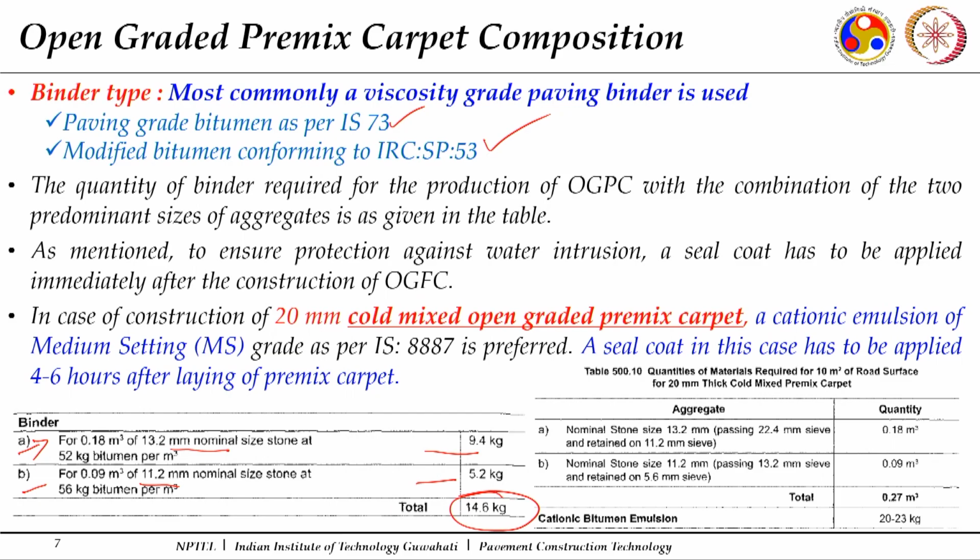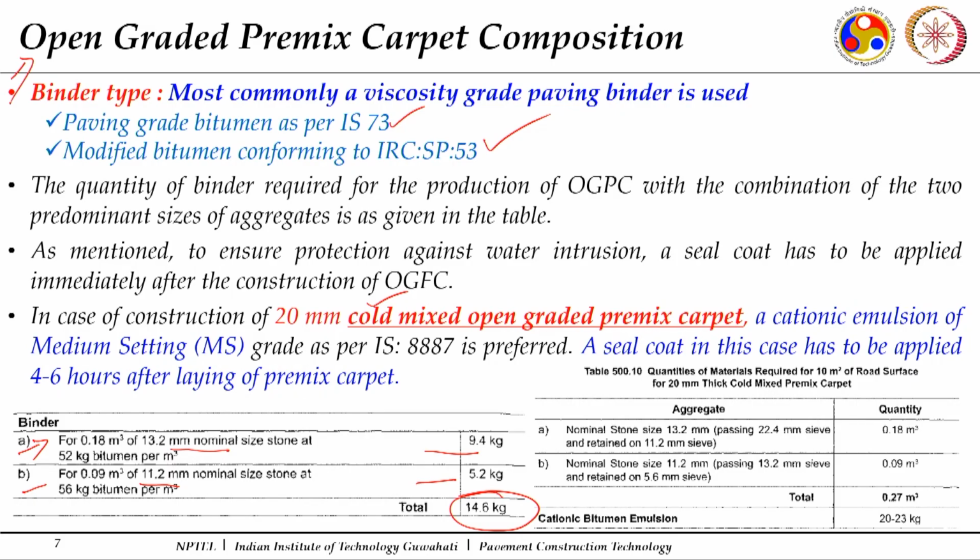So, this is one thing, and specifically the other requirement comes when we are using emulsions. If we are preparing these open graded premix carpets with emulsions, then there are specific requirements, and when using emulsions, we call it a cold mix open graded premix carpet.